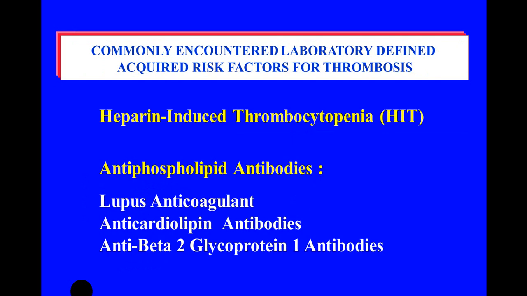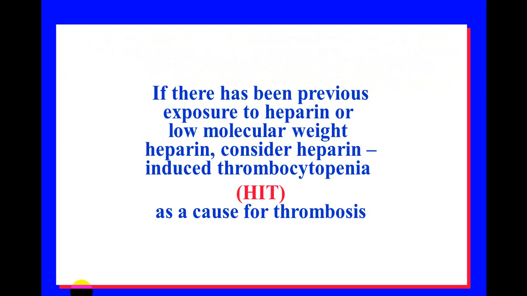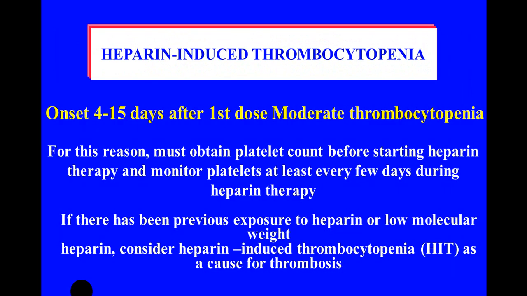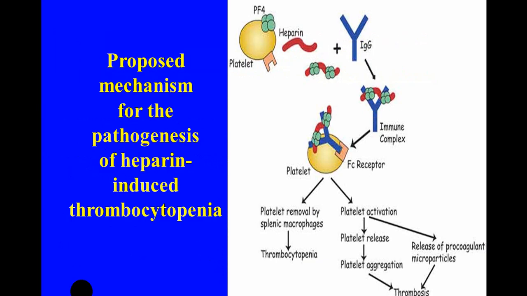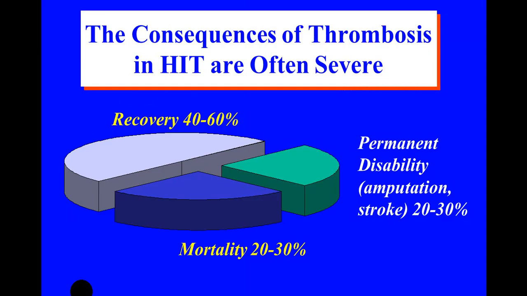HIT, as I mentioned in the previous lectures on bleeding disorders, no need to be mentioned again. Just mention this: the proposed mechanism for the pathogenesis of HIT, heparin-induced thrombocytopenia, is that autoantibody attaches to the platelet Fc receptor, causing immune complex and then aggregation of platelets in the microcirculation.